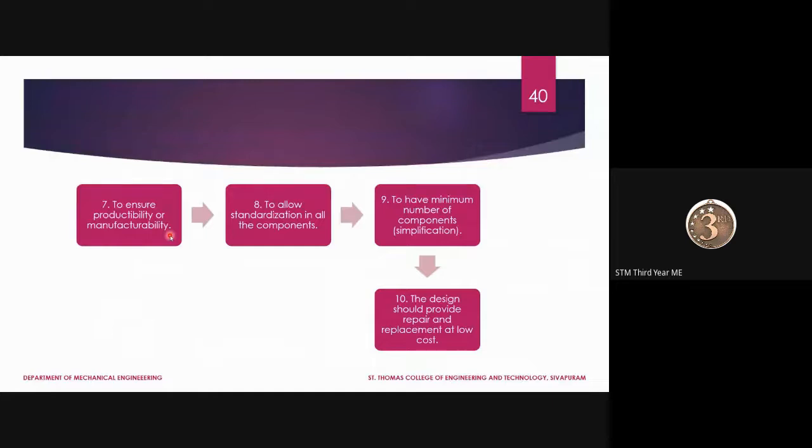It must be present in the market for some period of time, and that is called the product life cycle, which we'll discuss. And due to that larger period of product life cycle, we can produce or manufacture more of that product. That is how we ensure the productivity or manufacturability. That is the seventh point.